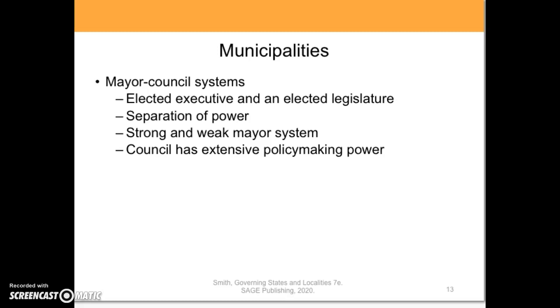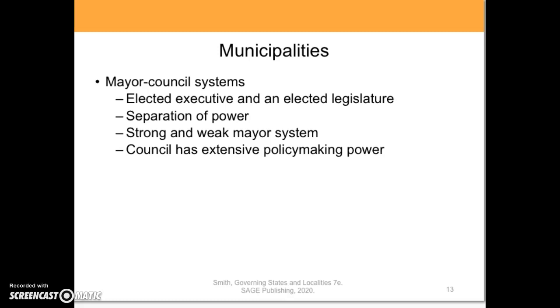Now, this type of weak mayor system exists in some large cities, for example, in San Diego, California, which is, I think, probably close to 1 million people. And a good example of how a mayor in the weak system can become a significant policymaker and have considerable influence was Pete Wilson, who was the mayor of San Diego, I believe in the 1980s.